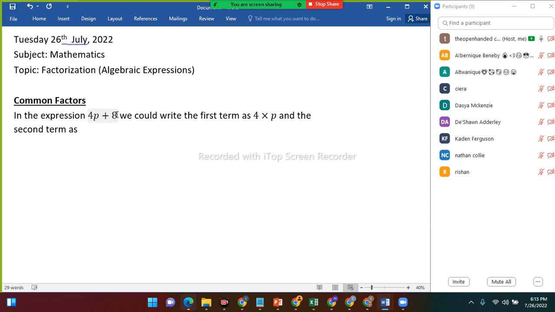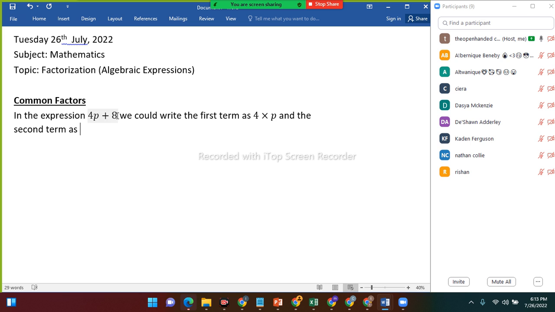What's another way we could write 8? Plus 8.